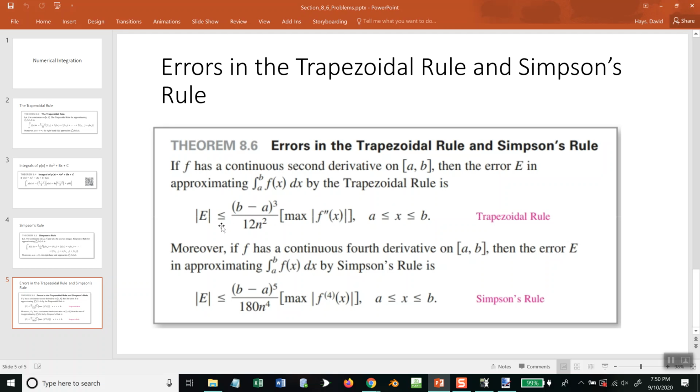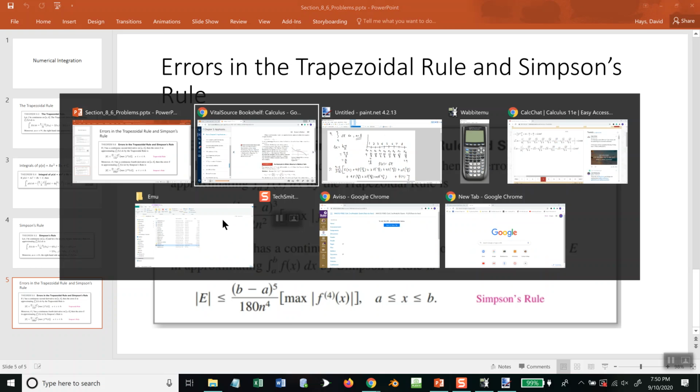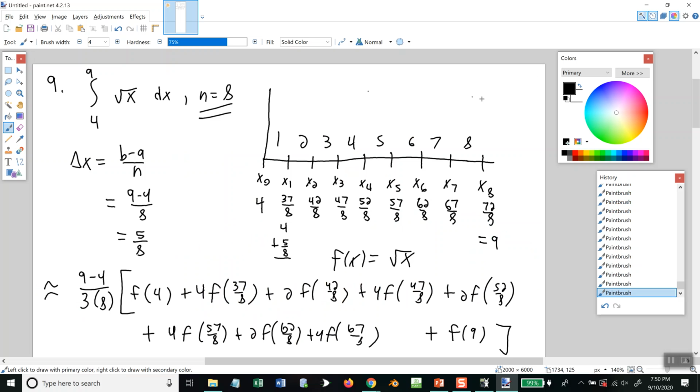So if it is continuous, then the error E in approximating the integration by the trapezoidal rule is given by this. The absolute value of E is less than or equal to. Less than or equal to implies this is an absolute value inequality, which, remember from college algebra, means this is between these two values.